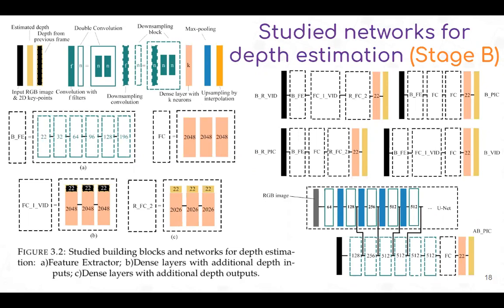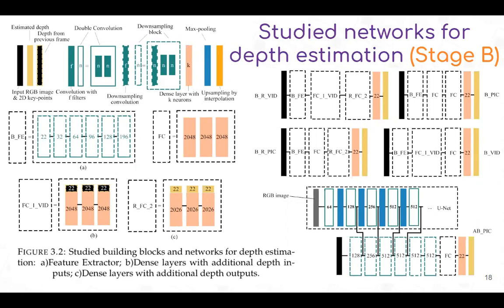In all cases, these are architectures introduced by us, which start from a feature extractor, a set of convolutional layers, followed by a set of fully connected layers, where in the case of working with video frames, we have additional neurons marked as black boxes, which are additional input of ground truth for some other hand in the video sequence.